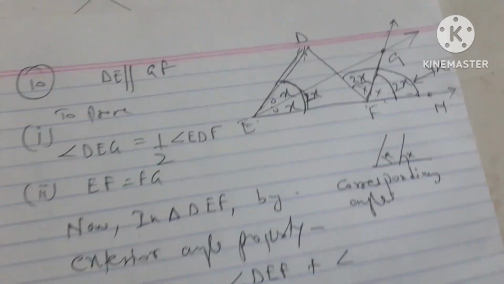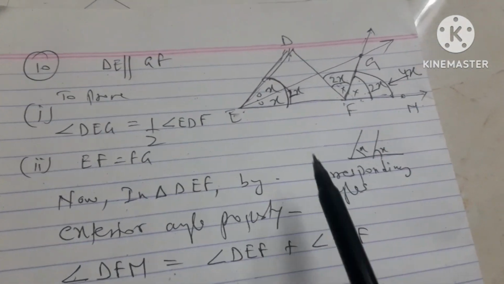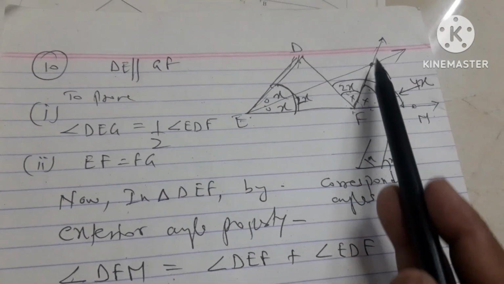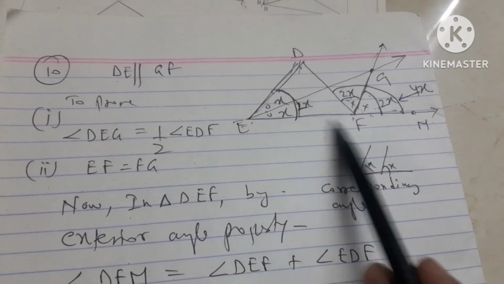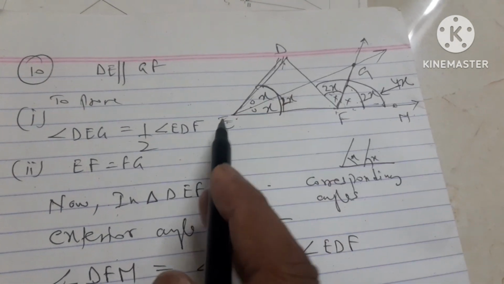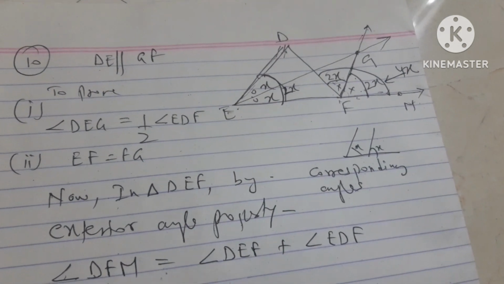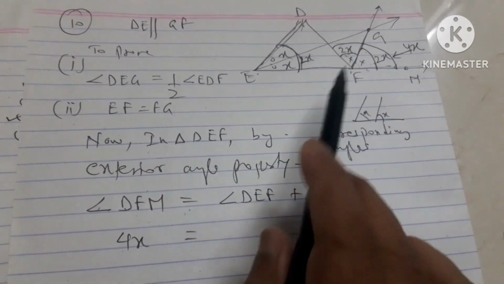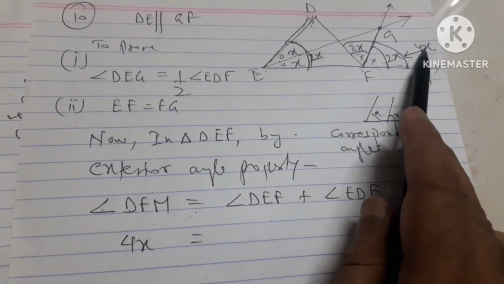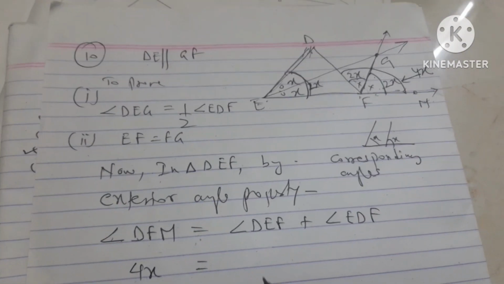So here we write angle DFM equals angle DEF plus angle EDF. We are applying the exterior angle property. Now as you see in the figure, this whole angle is 4x, so we write 4x there in place of that angle.